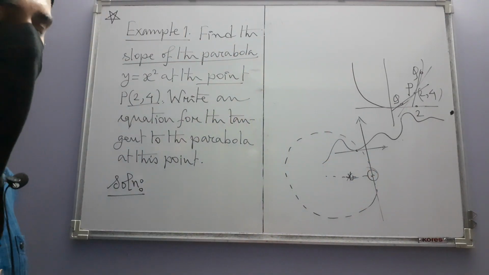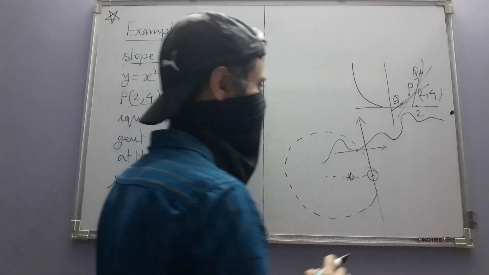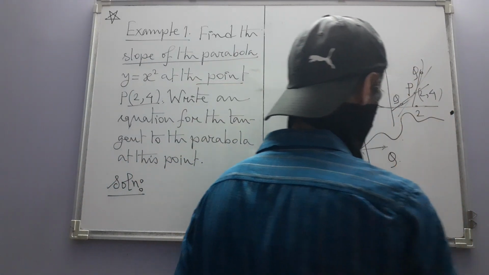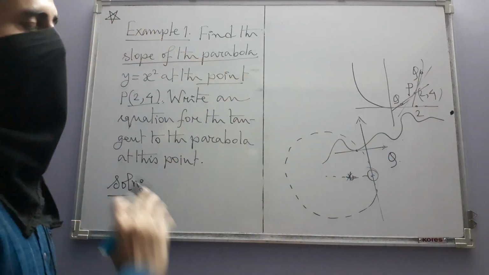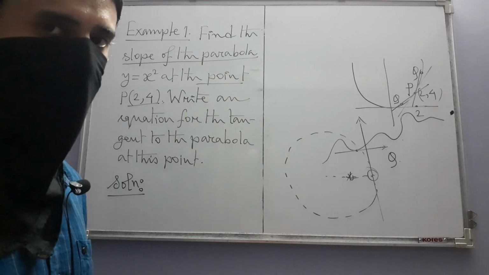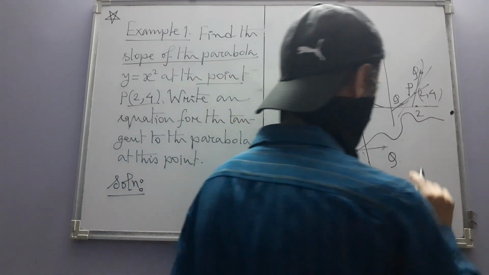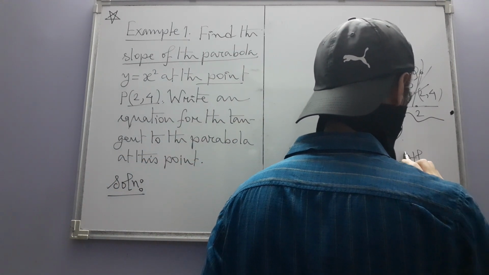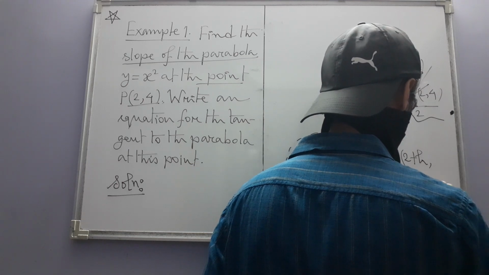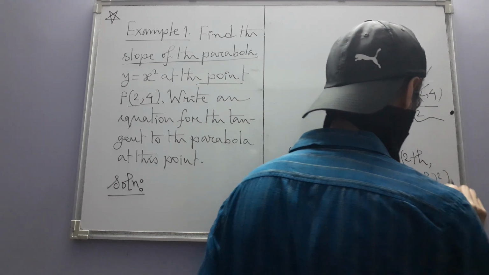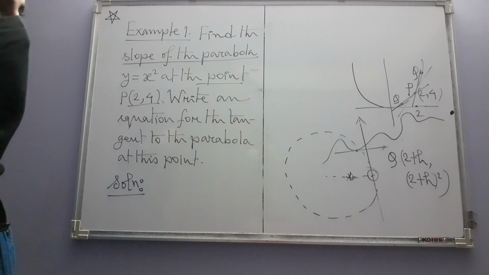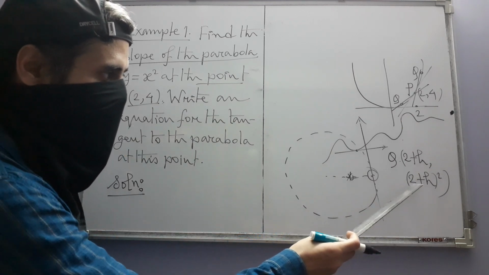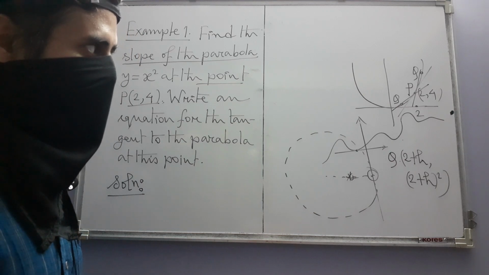That's what we want. But of course, we have the advantage of choosing both sides of Q at once simply by considering this. A point very close to (2, 4) looks like this: 2 plus h, (2 plus h) whole squared.